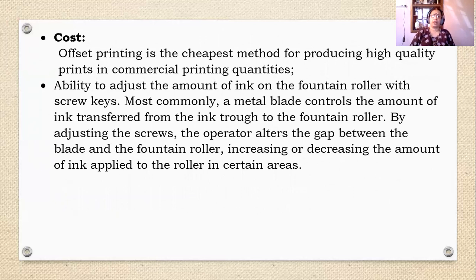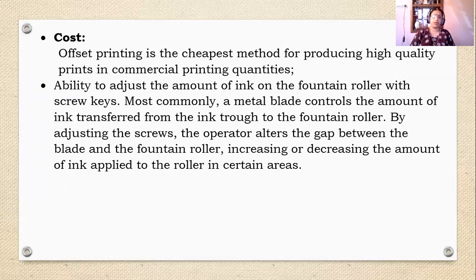Ability to adjust the amount of ink on the fountain roller with the screw keys. Most commonly, a metal blade controls the amount of ink transferred from the ink fountain to the fountain roller.